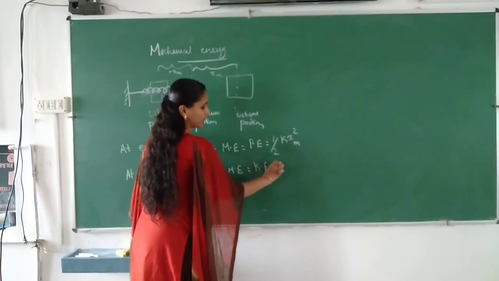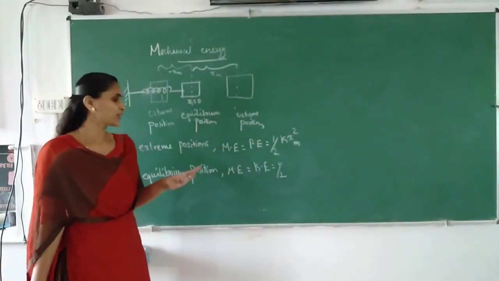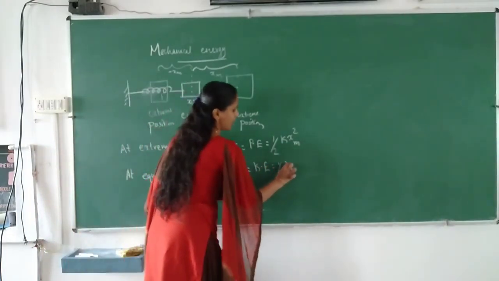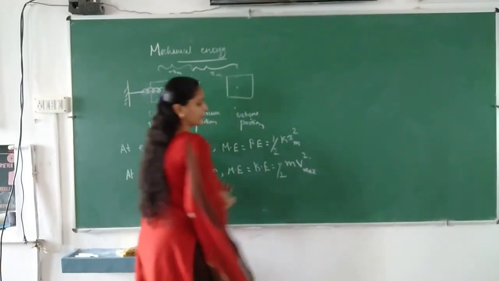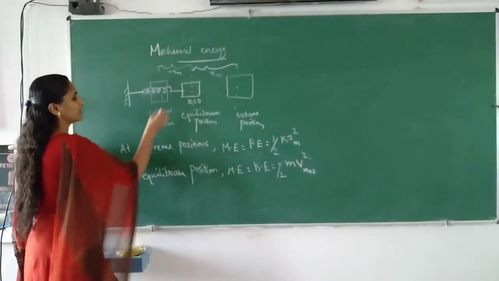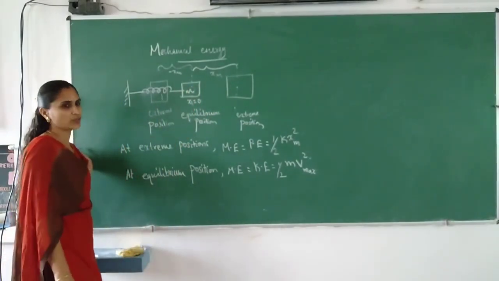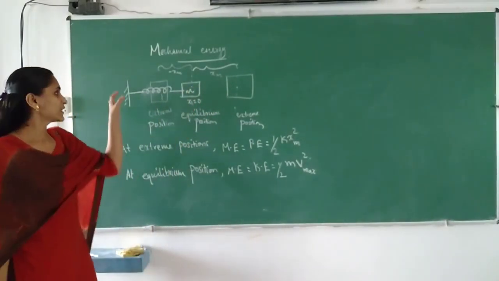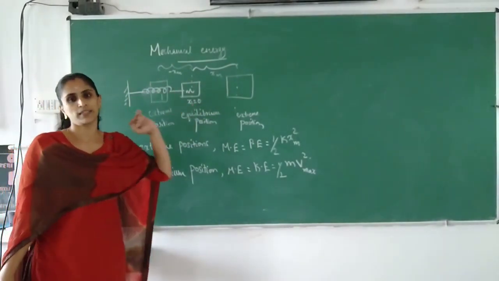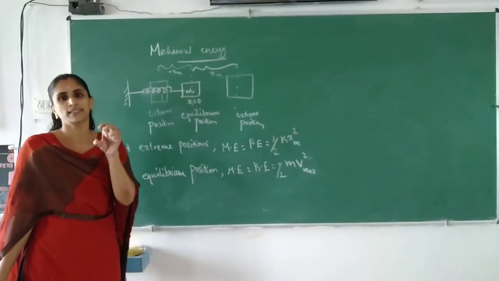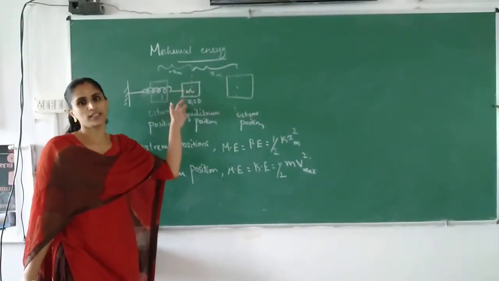That is equal to purely kinetic energy, and that is given by half m v max square, the maximum velocity it will be having. The mass of the spring can be neglected in comparison with this mass. Okay, negligible mass is there for the spring, that can be ignored if we are considering the mass of the object.